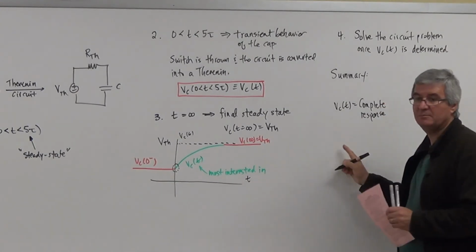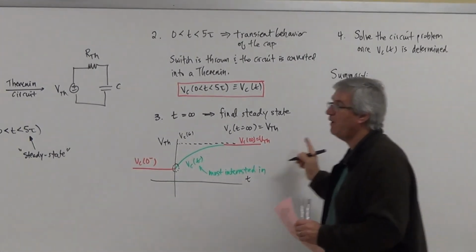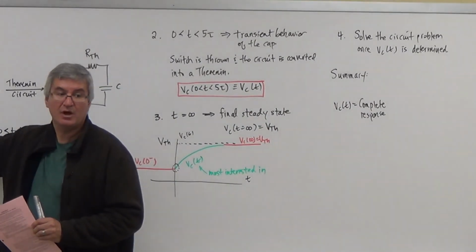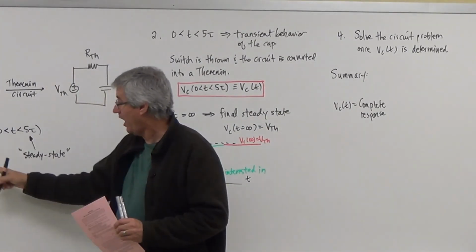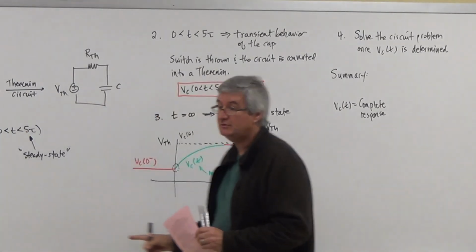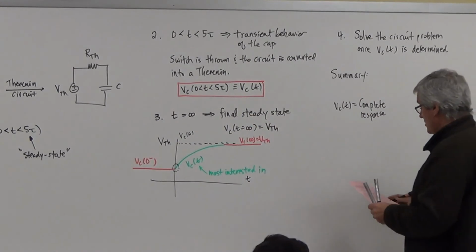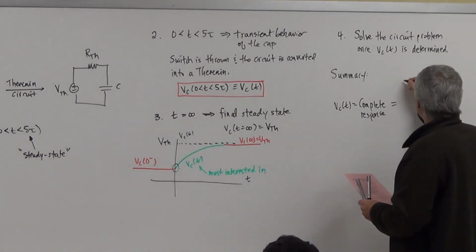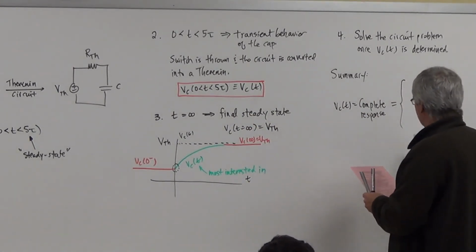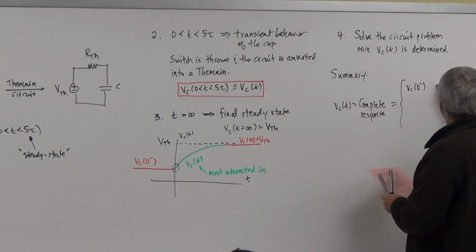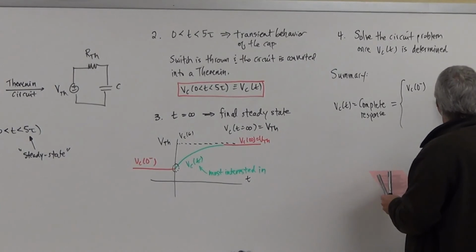Why do we call it the complete response? It's a complete response to this constant source. How does it respond? When I say complete, that means I'm talking about its initial condition, and I'm talking about its Thevenin values. So if I was to break this all up into pieces, at 0 minus, I would call this the initial condition.